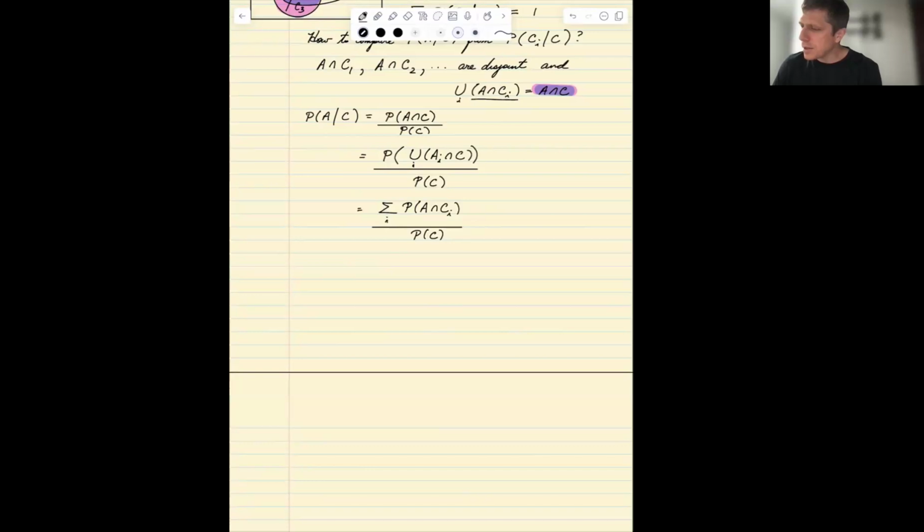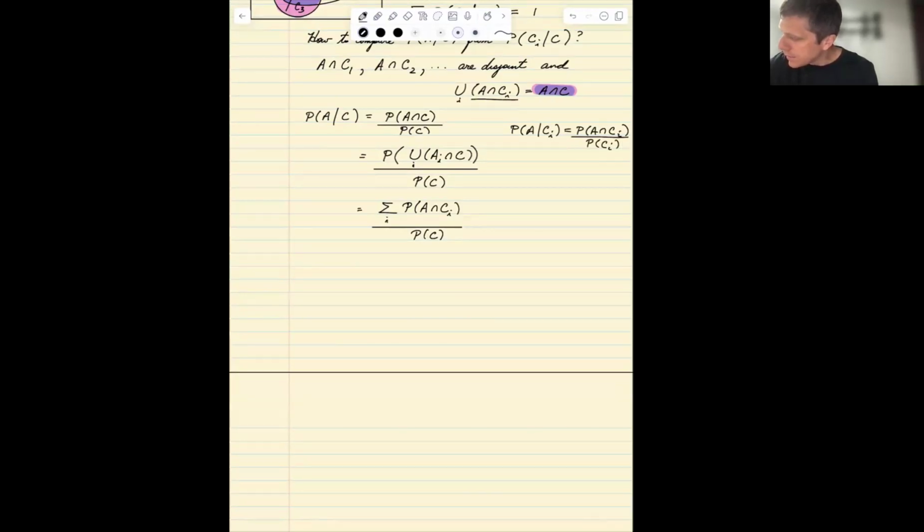But now what is the probability of A intersect Ci? Well, what's the probability of A given Ci? We can express it as the probability of A intersect Ci divided by the probability of Ci.